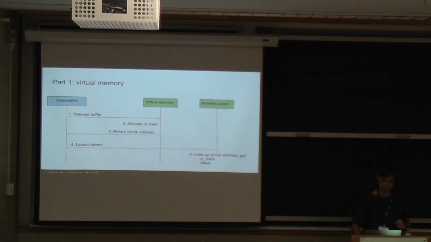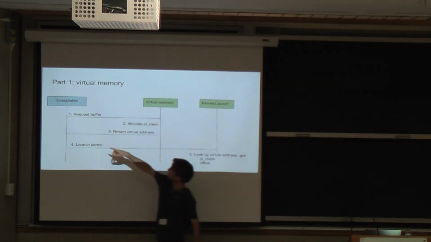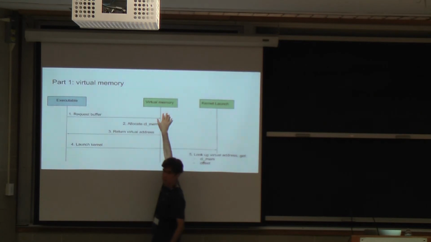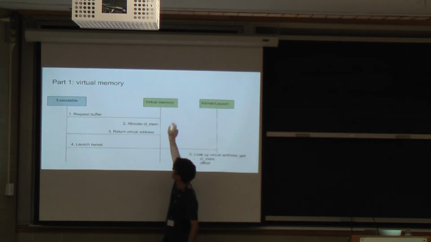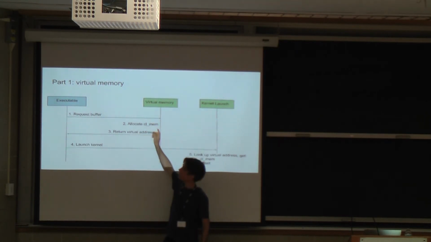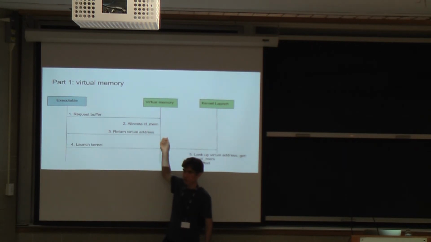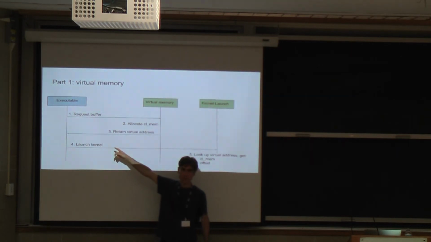Right, this is my solution. So I implemented virtual memory. So here's the user executable. It's going to request a buffer using like CUDA malloc. That goes to the CUDA-on-CL virtual memory system. It's going to allocate a CL mem, but it's not going to return that to the host side. It's going to store that in a virtual memory lookup table, and it's going to return a virtual address to the client code.